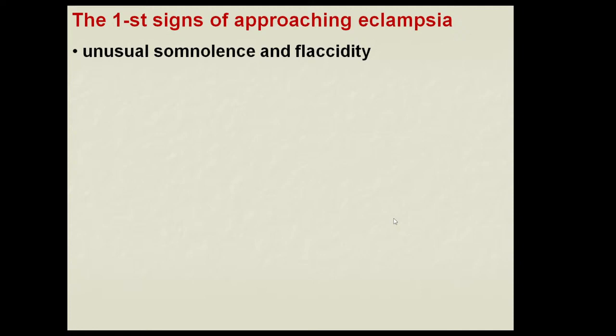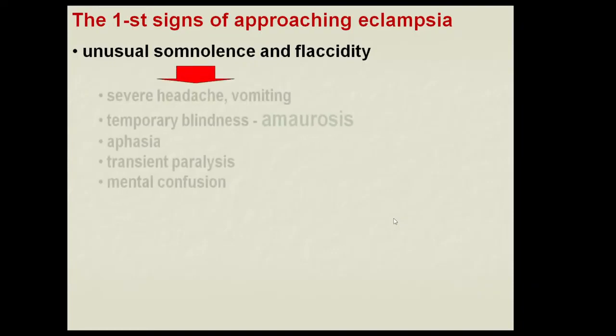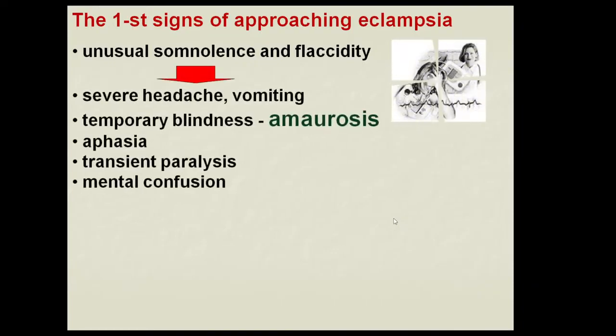The patient feels unusual somnolence and flaccidity. We see his vital activity decreases. He complains of severe headache accompanied with vomiting. The patient periodically loses vision, amaurosis, cannot talk, loses speech, aphasia, feels transient paralysis or paresis, and some mental confusion.